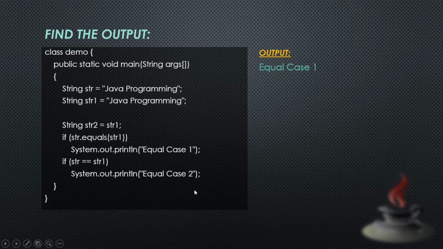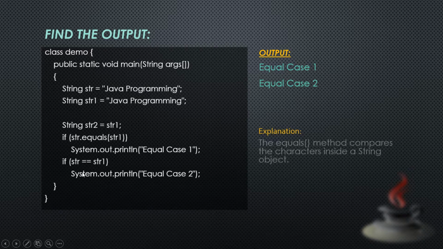So for your first statement, the condition is true, so it is equals case 1. And the second statement as well also checks whether both strings are the same or not, meaning the == operator does the same thing. Okay, but the working is different. In the first statement, the equals method compares the characters inside a string object.